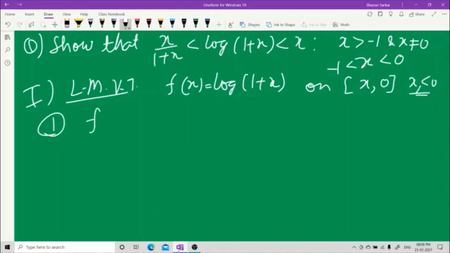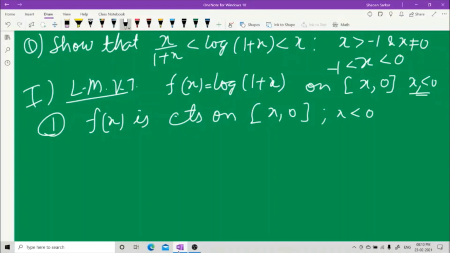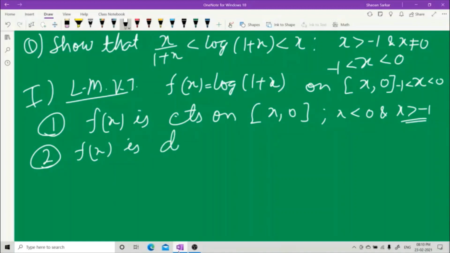Now first, f(x) is continuous on x to 0, and x greater than minus 1. This needs to be there. And here also you need to write not just less than 0, but greater than minus 1 and less than 0.